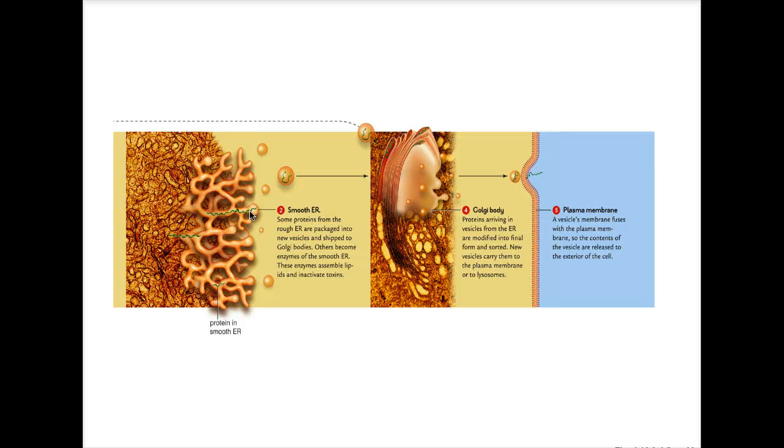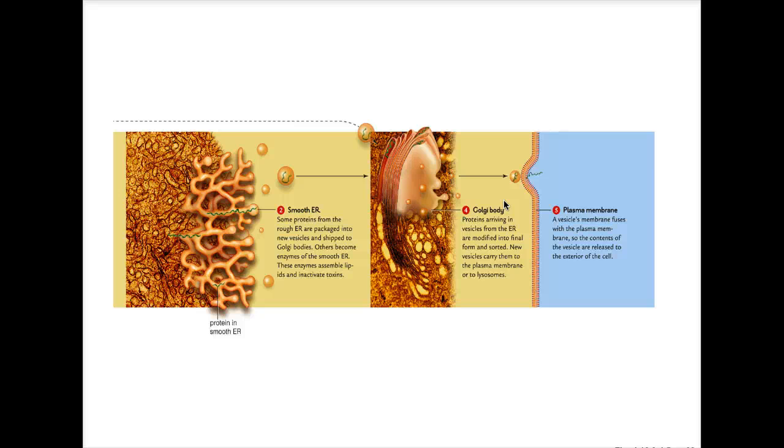And as it leaves the smooth ER, it's going to go to the Golgi apparatus or the Golgi bodies. We have step 4, the Golgi body, and in this organelle, our polypeptide is going to enter the Golgi body, and as it arrives from the endoplasmic reticulum, it will be modified, sorted, and shipped outside of the cell, and it leaves the cell by way of the plasma membrane.